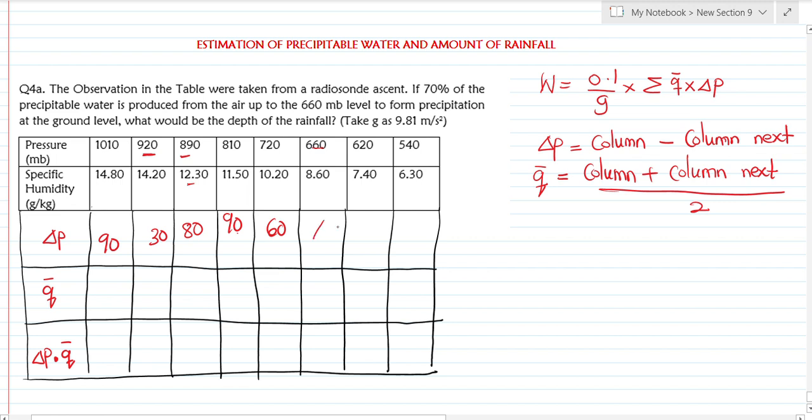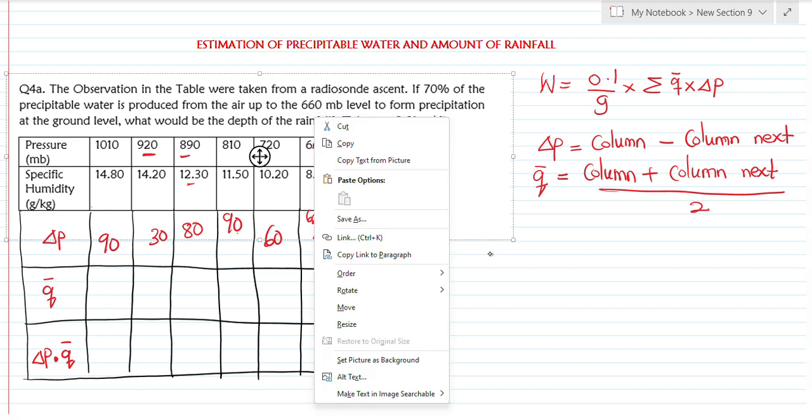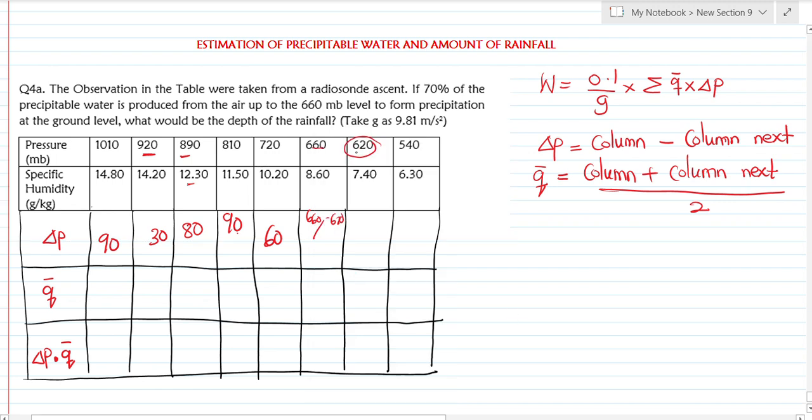Now we will end here. Why? Because the question said up to the 660 millibar. So when we got here, it was 720 minus 660, and that gave us 60. The rest below 660 cannot be used, so all this side will be struck out.